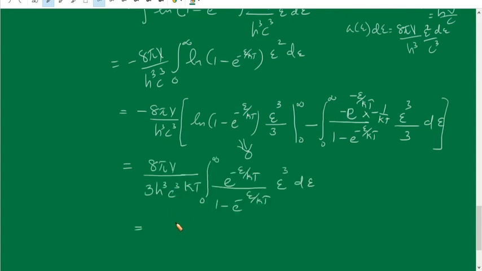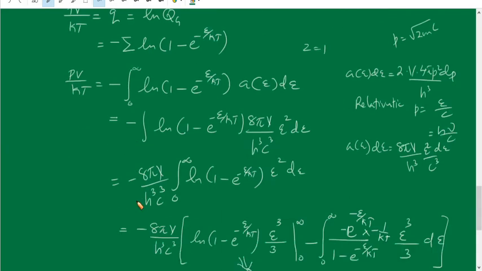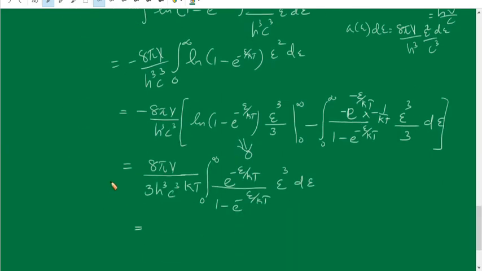Therefore we can write, what is this quantity? This quantity is PV divided by kT. Now for simplification we can put ε divided by kT equal to x.